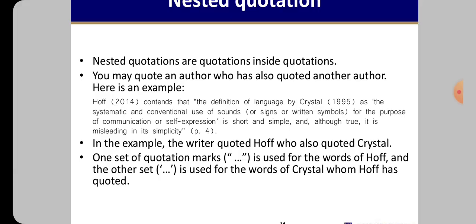And this is what it says. After that, he has now brought a quotation mark here. You get it? So the systematic and conventional use of sounds or signs or written symbols for the purpose of communication or self-expression. You get it? He has quoted it here.